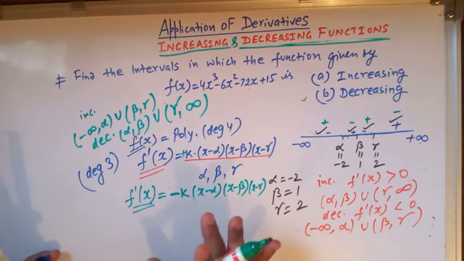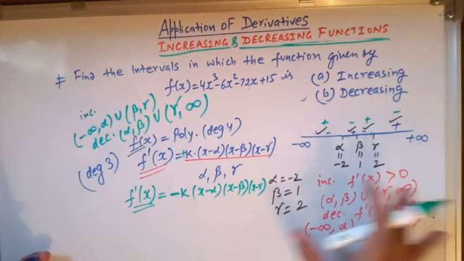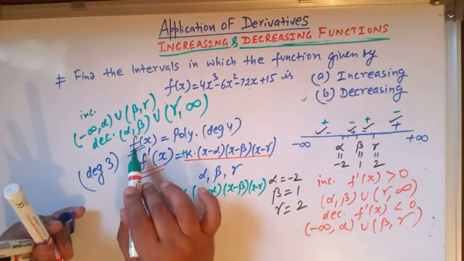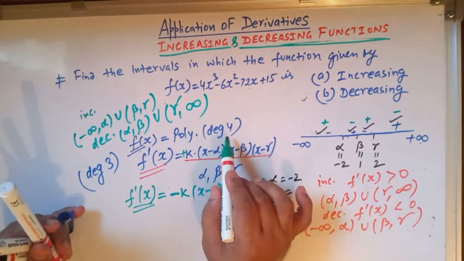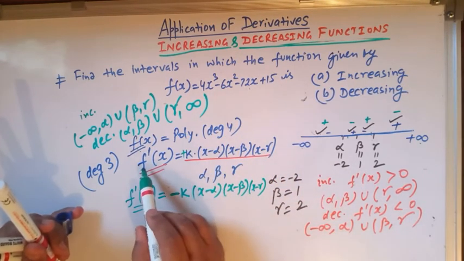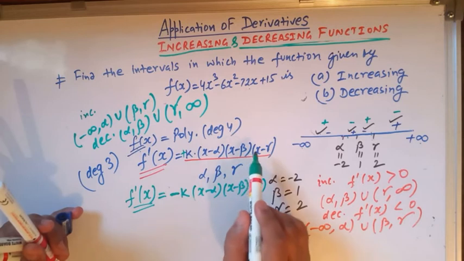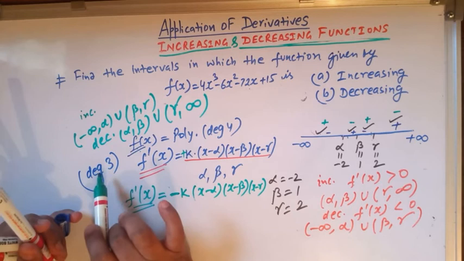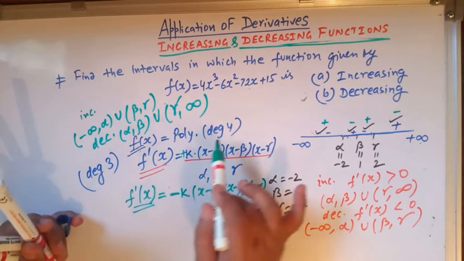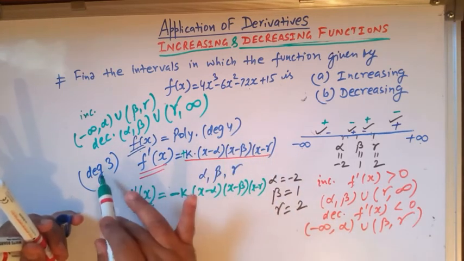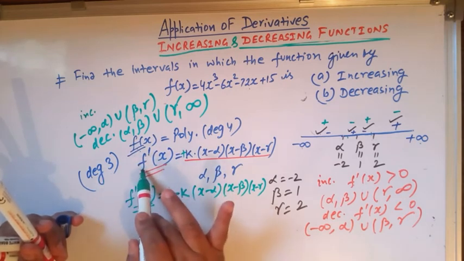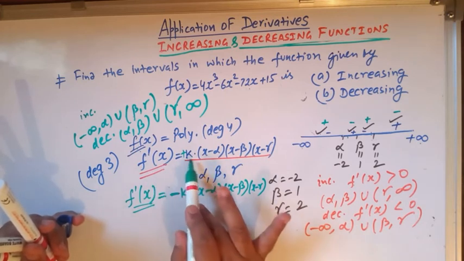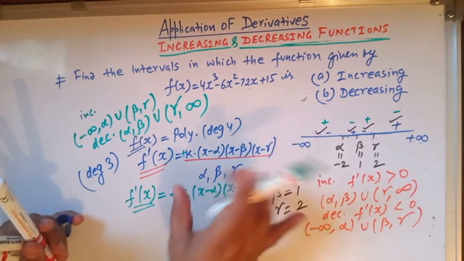So we have to keep this trick or method in mind: if f(x) is a polynomial of degree 4, or say n, then its derivative will be a polynomial of degree 1 less than the polynomial itself, that is 3, or in the case of a general polynomial, n minus 1 degree for f dash x. Clear? And if f dash x is k times this, we can express it like this.